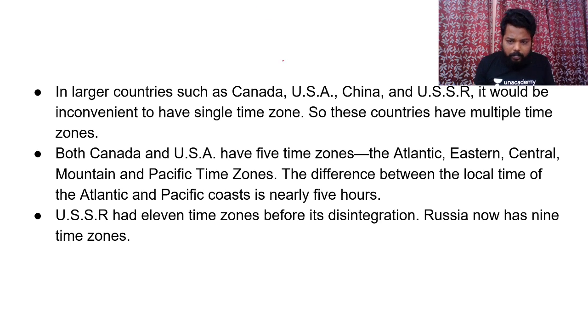Clear? Some countries have many standard time zone lines. The USSR had 11 standard time zone lines, but after disintegration, Russia now has 9. Both Canada and the USA have 5 time zone lines: Atlantic, Eastern, Central, Mountain and Pacific.